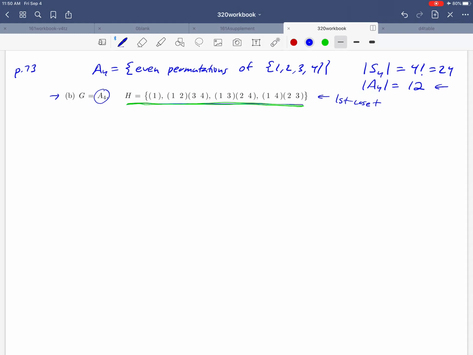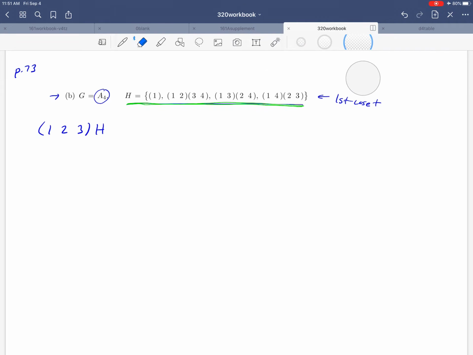I'm going to start with the element (1 2 3). How do we know that that element is in A4? Here we have to think back to stuff we did in chapter 5. I'm making the claim that the cycle (1 2 3) is an even permutation.